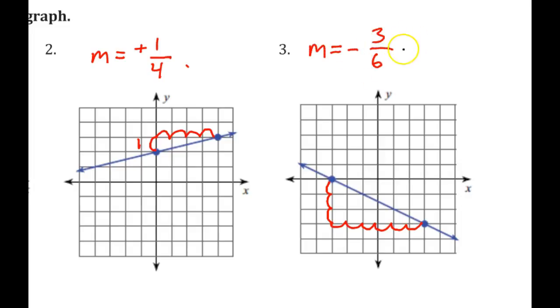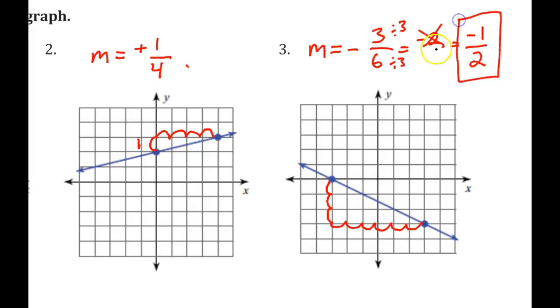Negative 3 over 6. Six goes into 3 how many times? Be careful, don't say negative 2. You have to divide top and bottom by 3, so you get negative 1/2. Be careful to make it negative 1/2, not negative 2.